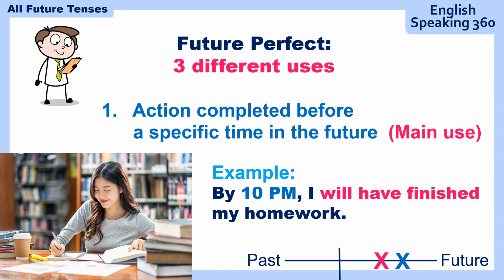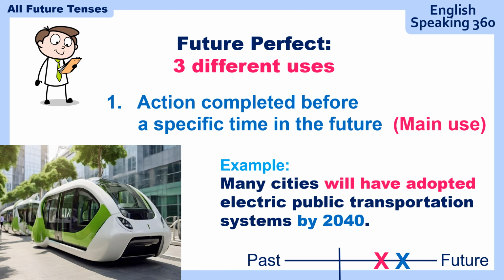So 10 p.m. is the blue X and the finishing of the homework is the red X on the timeline. Many cities will have adopted electric public transportation systems by 2040. So 2040 is the blue X, and many cities will have already adopted electric public transportation systems with the red X. So before 2040.